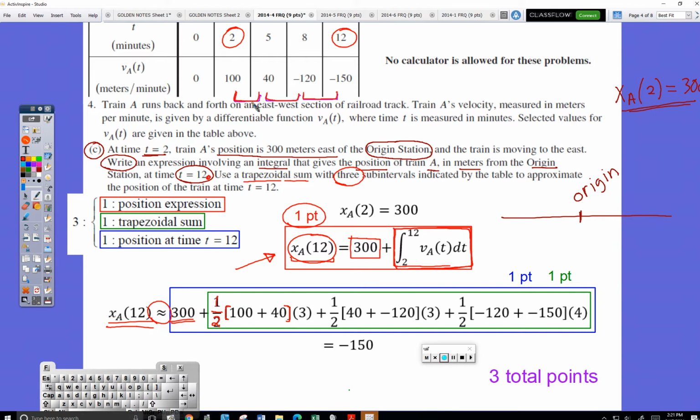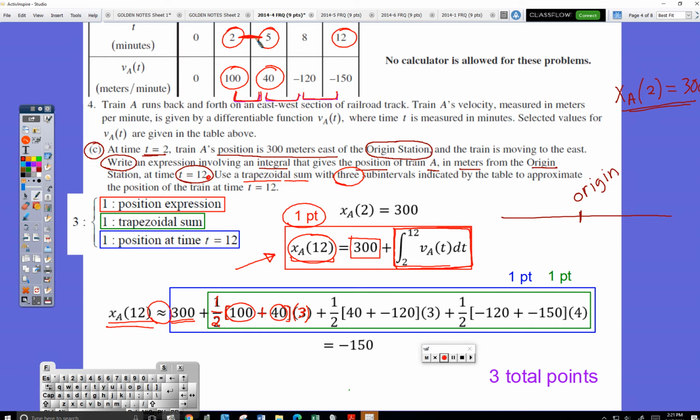So in this subinterval, I take the velocity most left and the velocity most right. I add them together, divide by 2 to find the average of the 2 velocities, and multiply by the width of the subinterval. The width here is 3. Then I do the same thing for each subinterval.